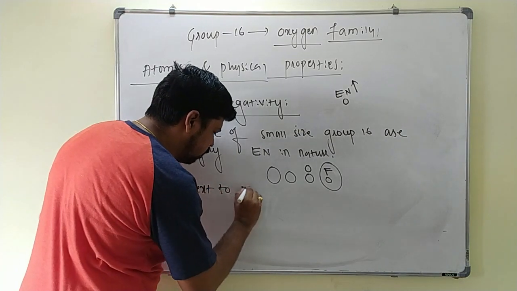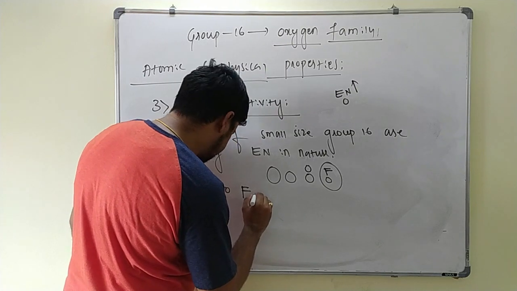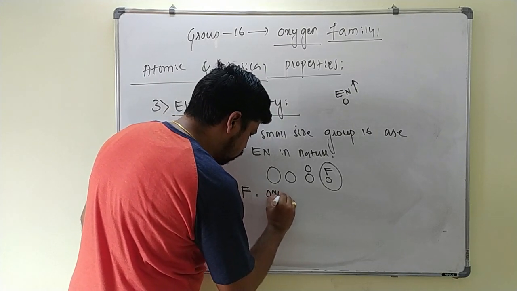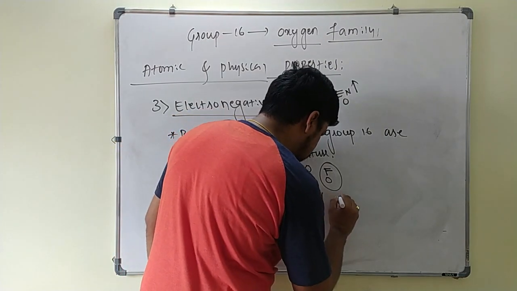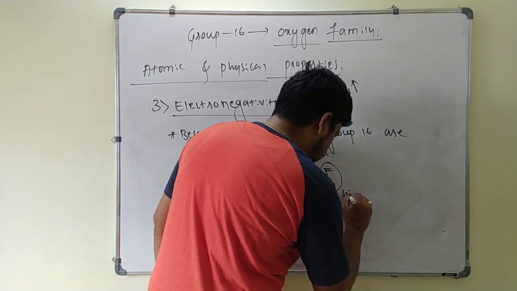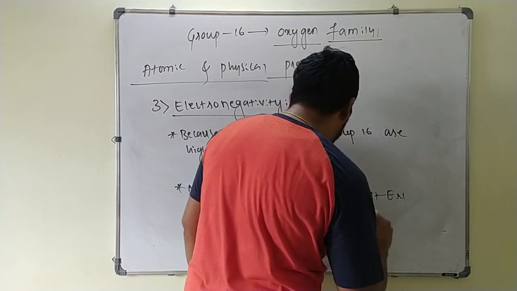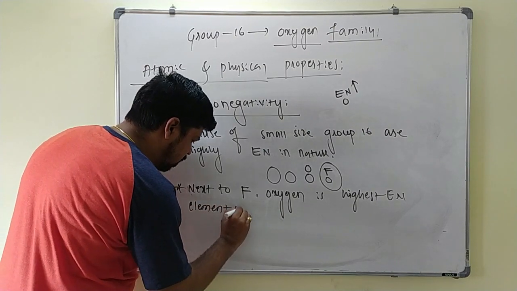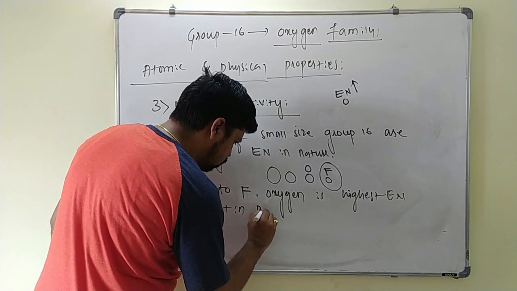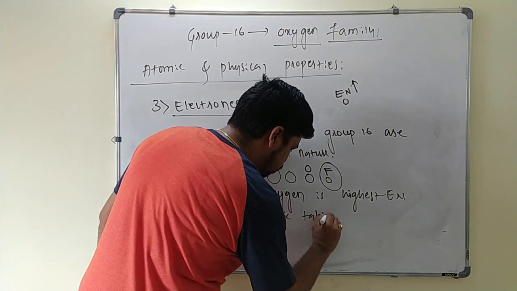Next to fluorine, oxygen is the highest electronegative element in the periodic table.